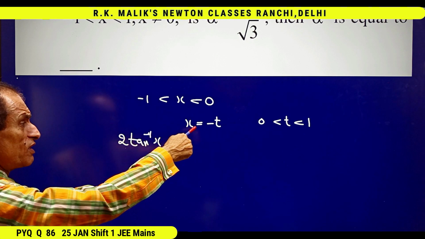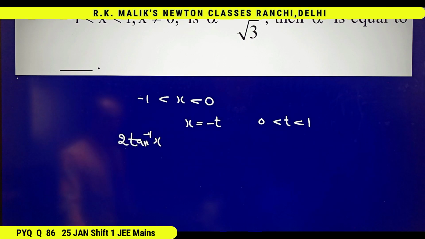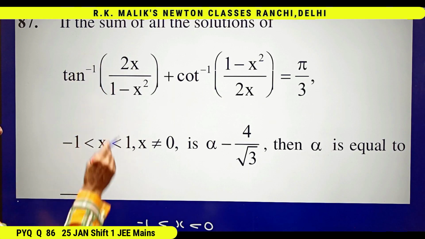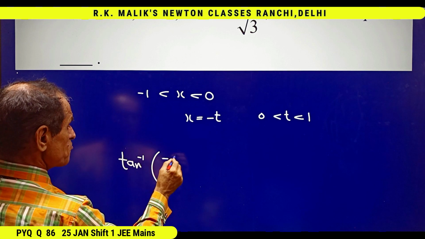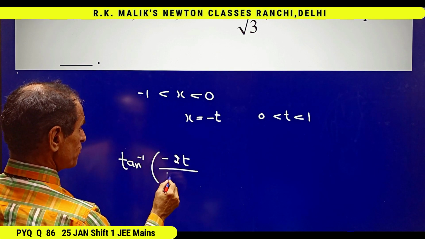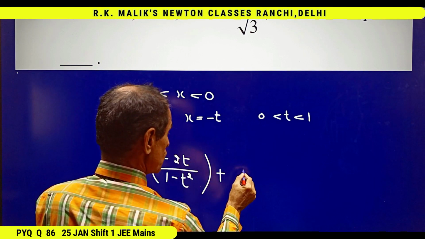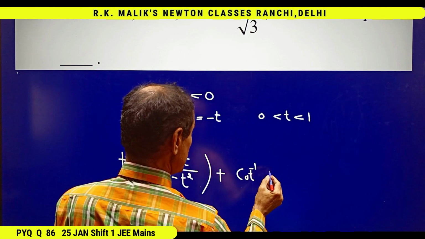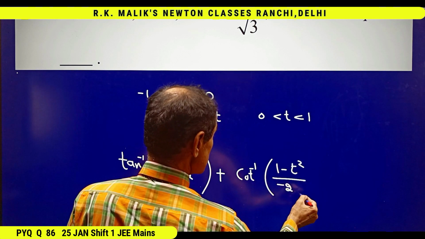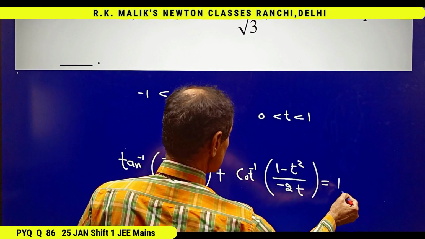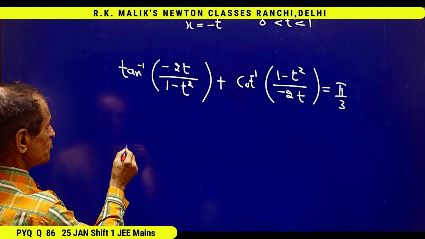And once the value of t is known to us, we will be able to find the value of x very easily. Hence my question becomes tan inverse minus 2t upon 1 minus t square plus cot inverse 1 minus t square upon minus 2t equal to pi by 3.